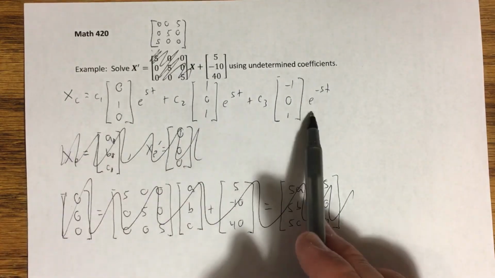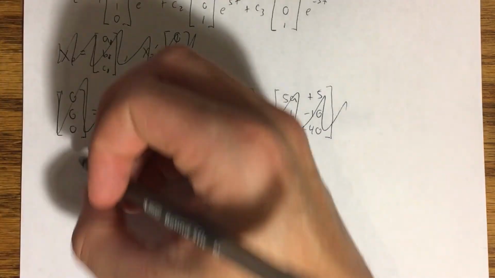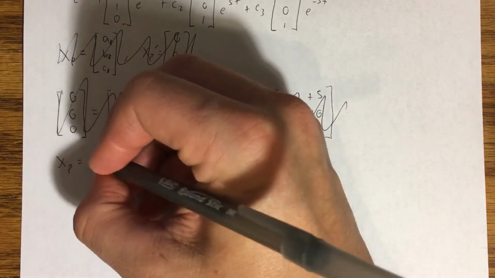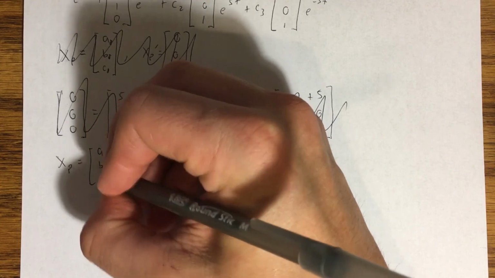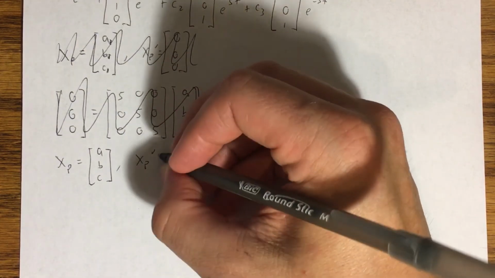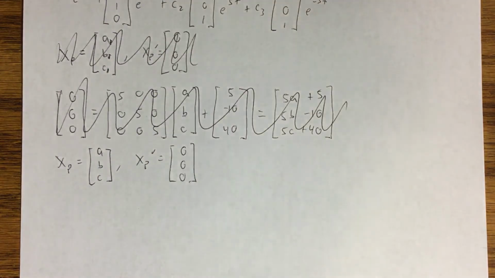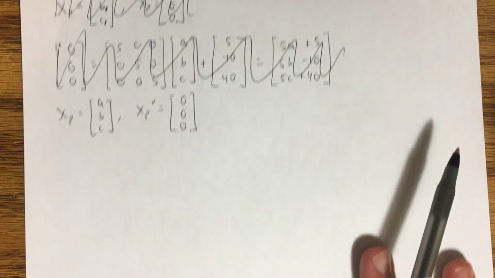This is still the correct complementary matrix for this guy, but I have some stuff that I need to fix here. So I'm still going to use xp equals A, B, C, which means xp prime is still equal to the 0 matrix. The only thing that's going to change is this step right here. So let's fix that.